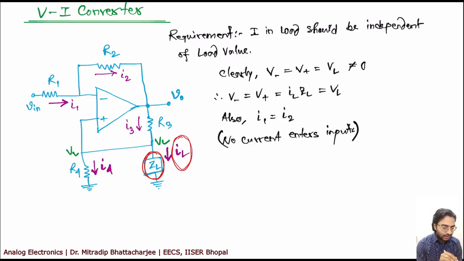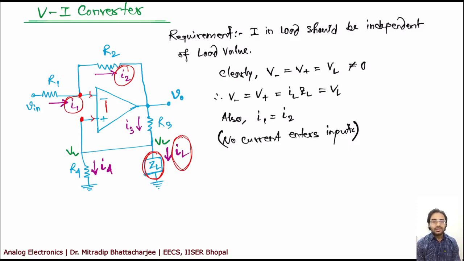Even in this circuit, your I1 will be equal to I2. These conditions are almost valid everywhere, and we are making sure that they are valid. As I said, your Ri should be very, very high; then it will make sure that no current is going inside and that this potential is equal to this potential.